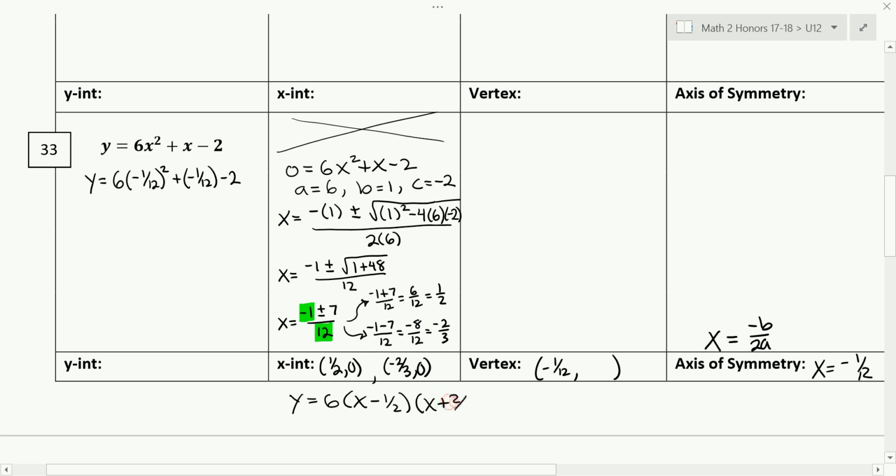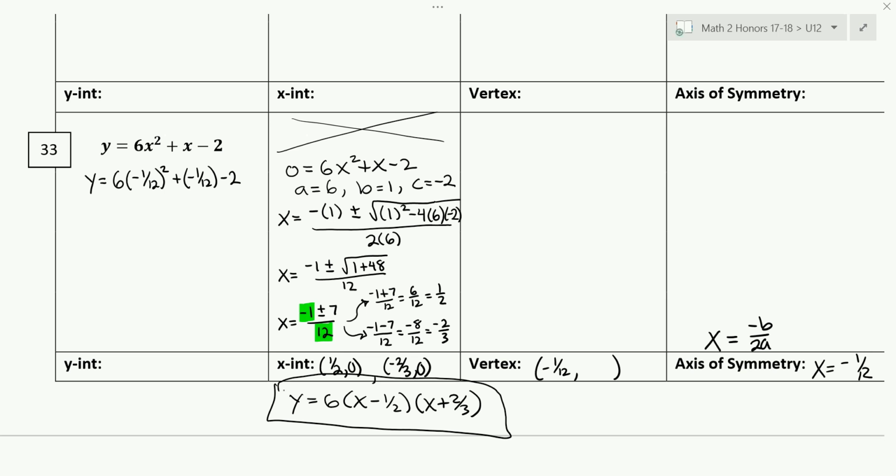X plus 2/3. So there's our factored form. So whenever you get x-intercepts that don't have square roots, you can do this. All right, back to the vertex. Work it out. I'm going to pause it again. Try to work ahead of me, okay?